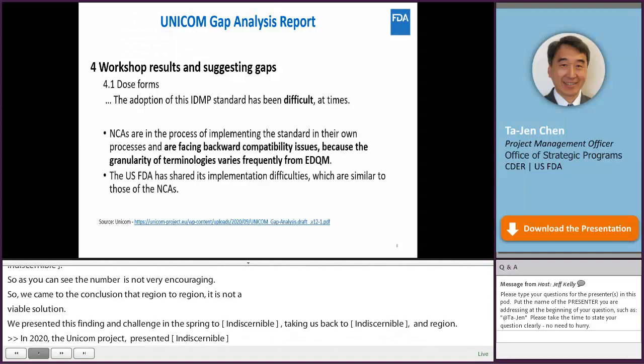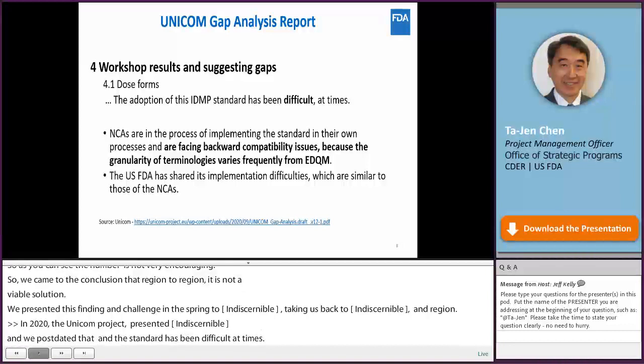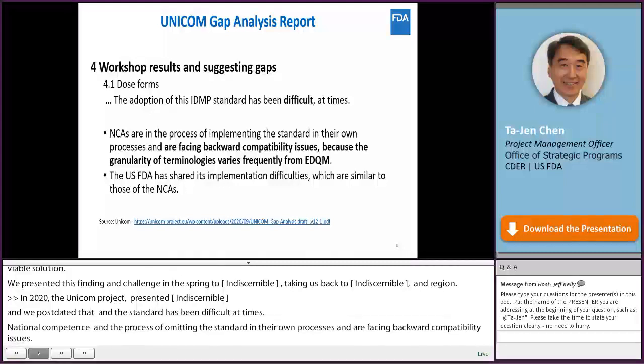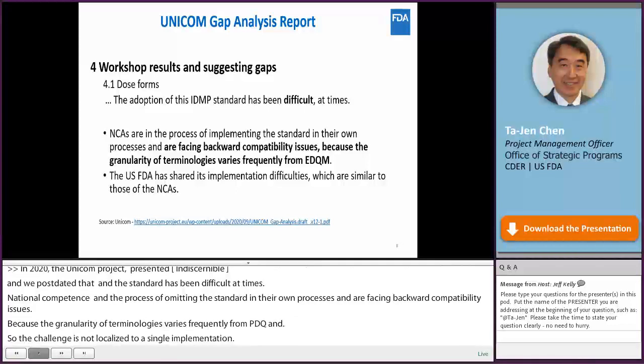National competent authorities are facing backward compatibility issues because the granularity of the terminology varies frequently from EDQM. It also pointed out that US FDA has shared implementation difficulties. So the challenge is not localized to a single implementation. Some improvement and revision to the standards are necessary to make it easier to adopt and implement.